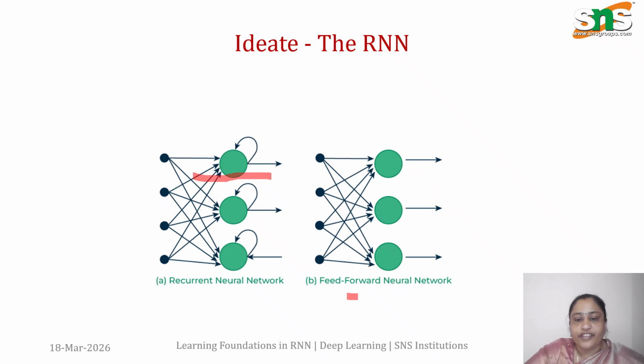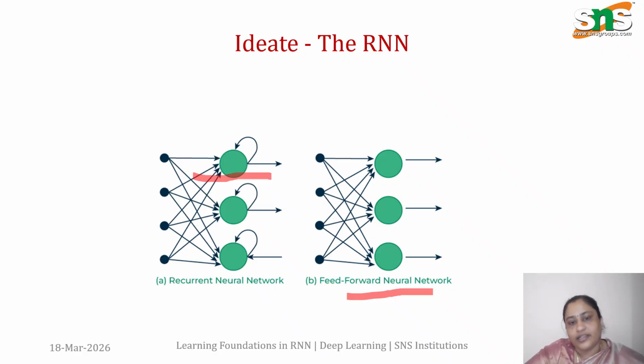When you take the feed forward neural network, your traditional neural network, the input will be fed into the hidden layer or dense layer network, and then it will process the output. But the important difference is that we are going to give the sequence of data in a looping manner. That is, the sequence of data will be given at each time step.